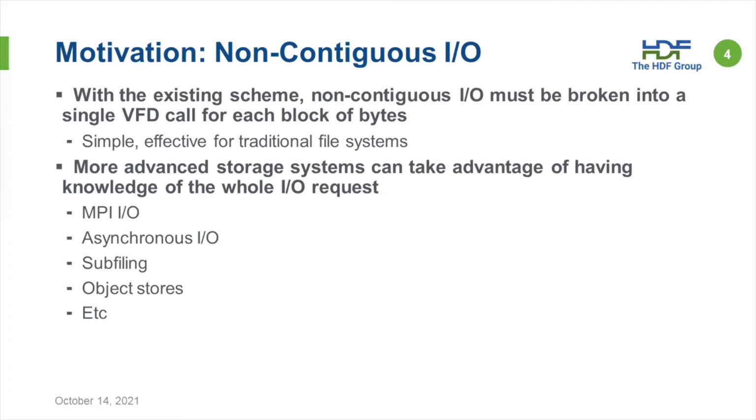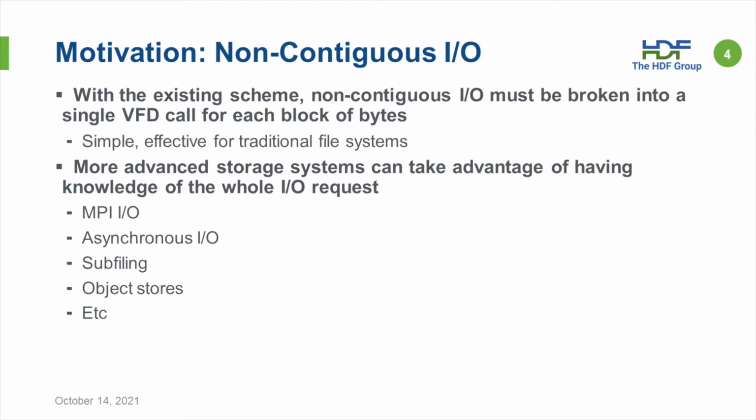Also for asynchronous IO, if you have an asynchronous IO system underneath, like an async interface, and the file driver knows about all the different blocks, it can fire off an async IO request for each of those blocks asynchronously in a loop, and then at the end it can wait on all of them, and that gives the file system more flexibility to do things in parallel where it can.